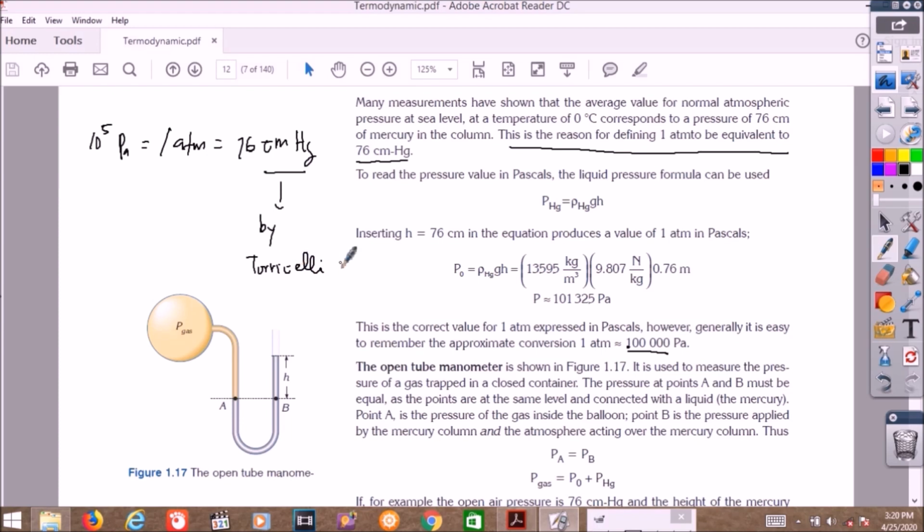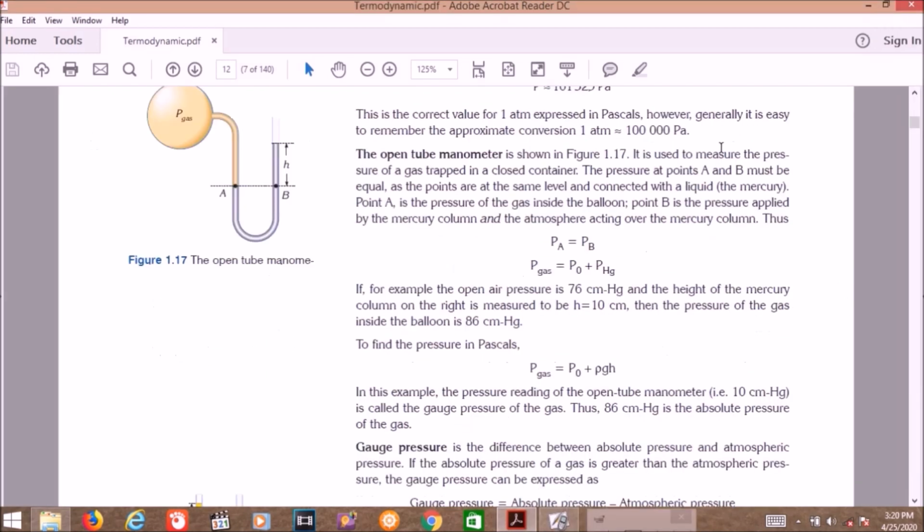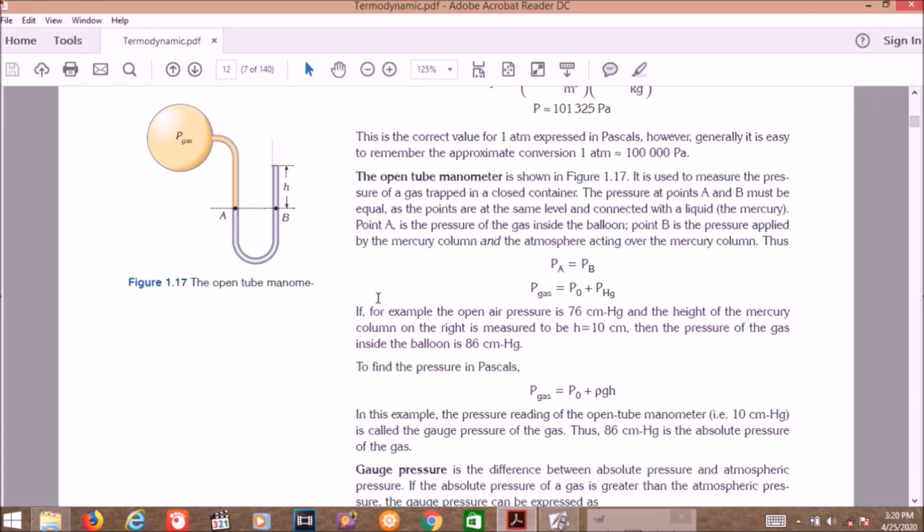How do we measure pressure? The second equipment is the open tube manometer, shown in figure 1.17. It is used to measure the pressure of gas trapped in a closed container. Here is the closed container with gas inside, and we use this equipment to find the pressure of the gas.